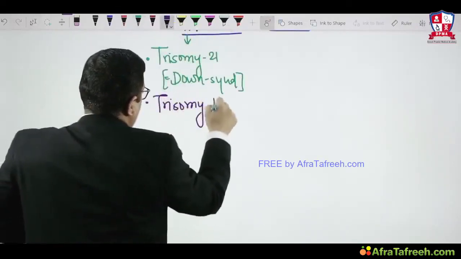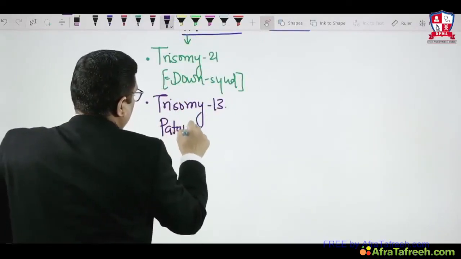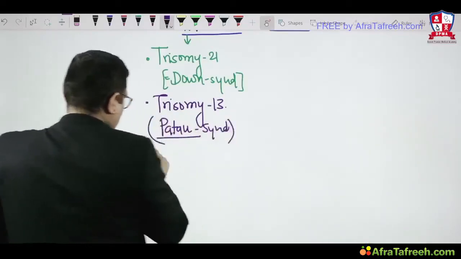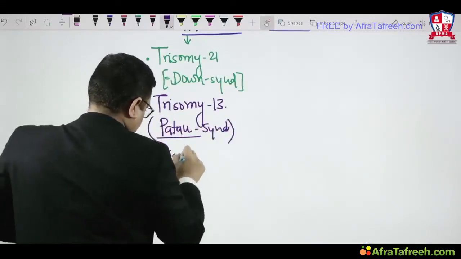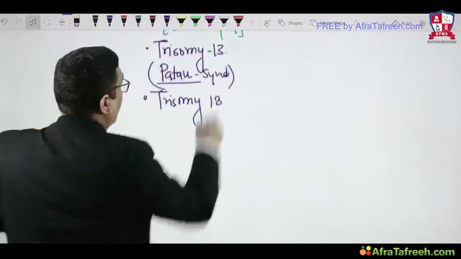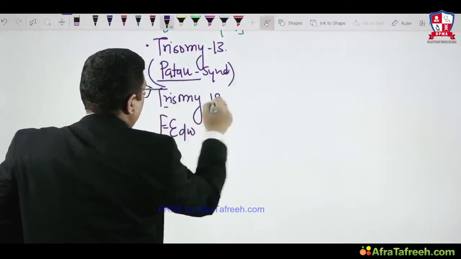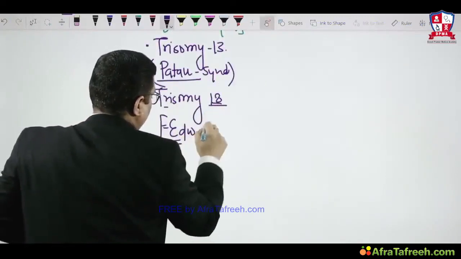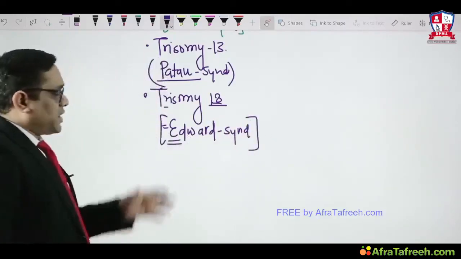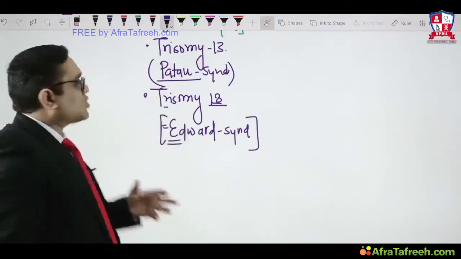This was an All India question. Trisomy 13 is also known as Patau syndrome, and trisomy 18 is known as Edwards syndrome. 18 is called Edwards, E for 18, E for Edwards, right? So trisomy 13, trisomy 18, trisomy 21, all these are autosomal disorders.